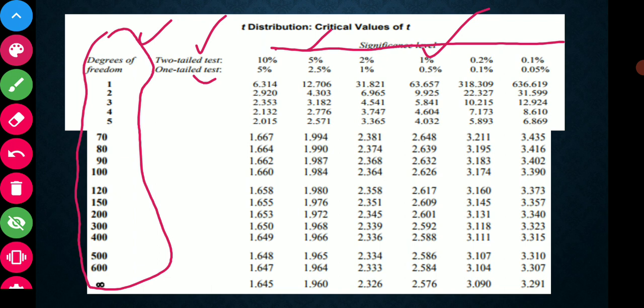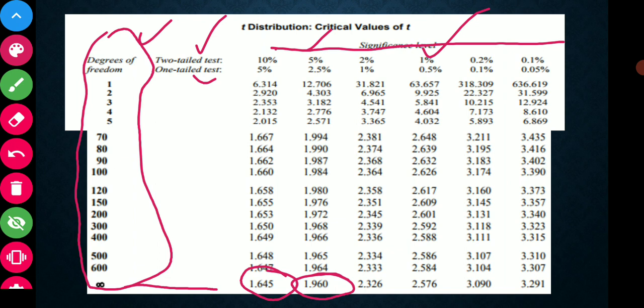So at 5% two-tailed test, I will discuss what one-tailed and two-tailed tests are in the later part of this lecture. At 5% you will see the value is 1.96, and at 10% the value was 1.645.